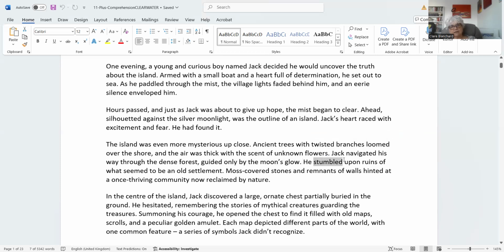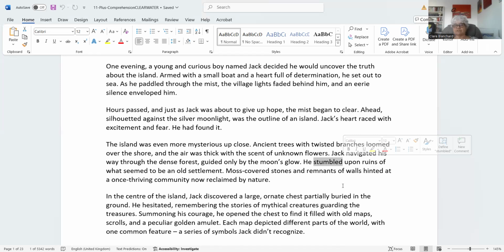Always worth looking at the verbs that a writer is using, because a good writer will use verbs that give the reader a sense of atmosphere as well as just the information about what's happening. So instead of saying he walked upon ruins, we have he stumbled. So walking is just neutral.